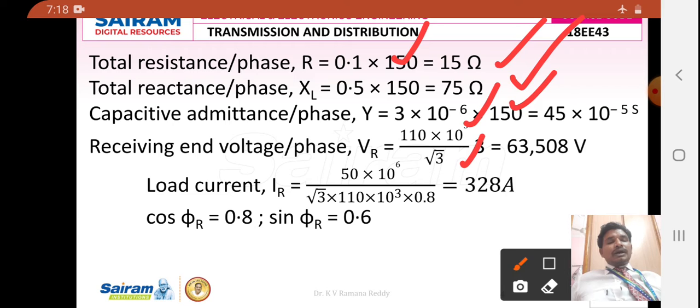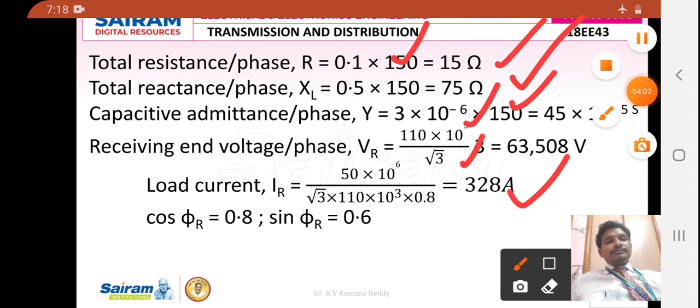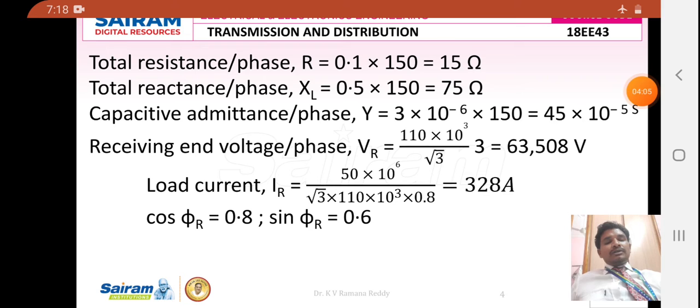Similarly, the load current IR is equal to the receiving end power, that is 50 into 10 to the power of 6, divided by root 3 into 110 into 10 to the power of 3 into 0.8. Here we got 328 amperes.